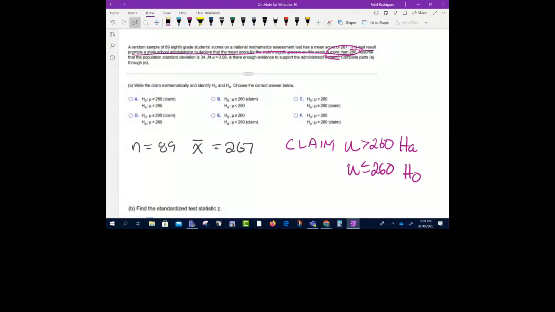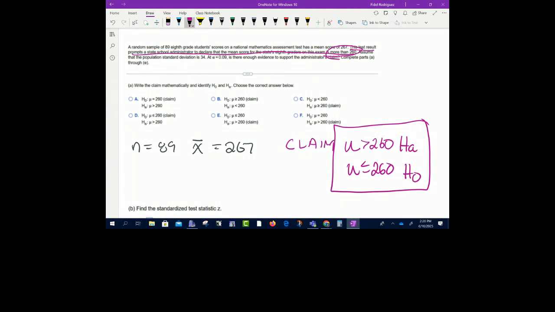Okay, I got a question for you guys. Let's look at part A. Can we find which one of those is our claim? So look, y'all, I'm looking for this right here. Which one of those represents A through F? Which one represents what we wrote? What do you guys think? E? D? Is it D or is it E?